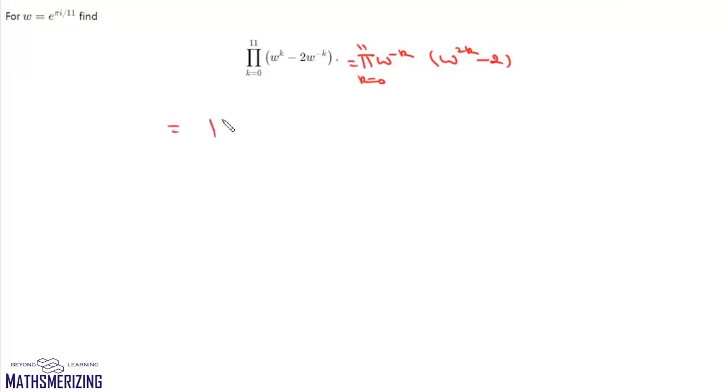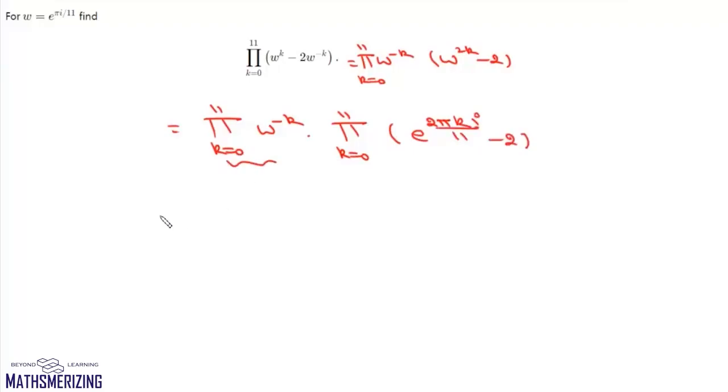Now we'll split it in two parts. So this product, k varies from 0 to 11, omega to the power minus k, into this product, k varies from 0 to 11, e to the power iota 2 pi k by 11 minus 2.